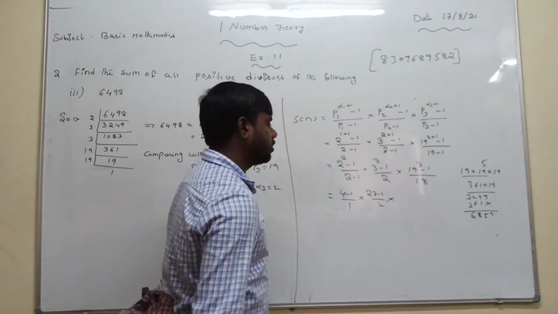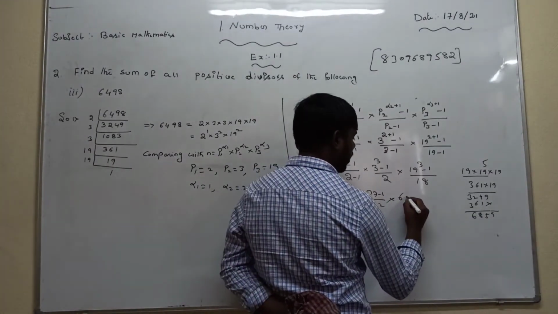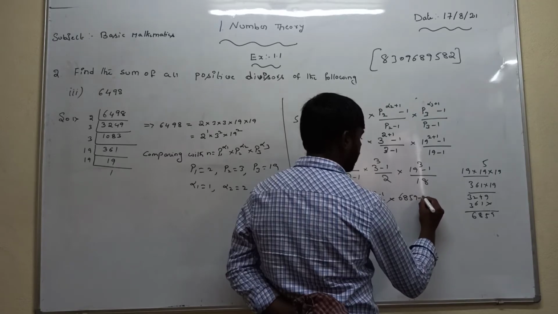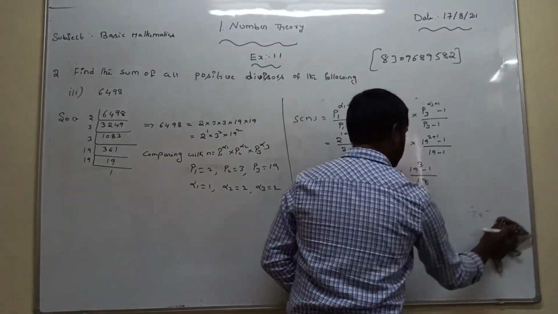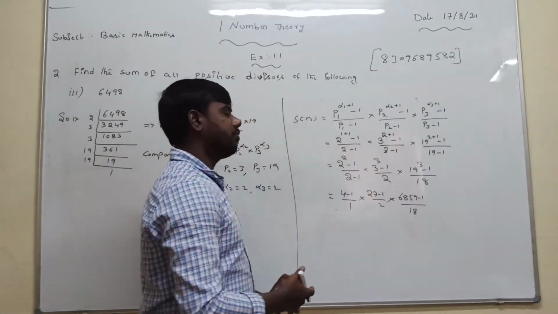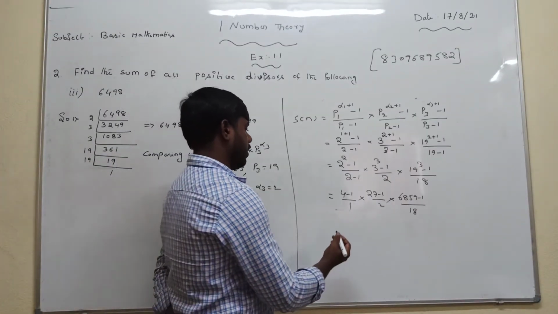We get the value 6859. So 19 cube is 6859, minus 1, by 18.